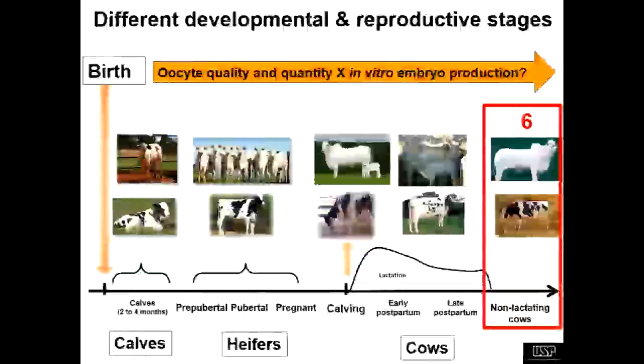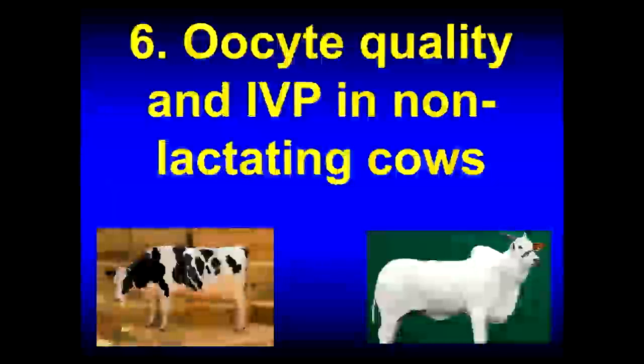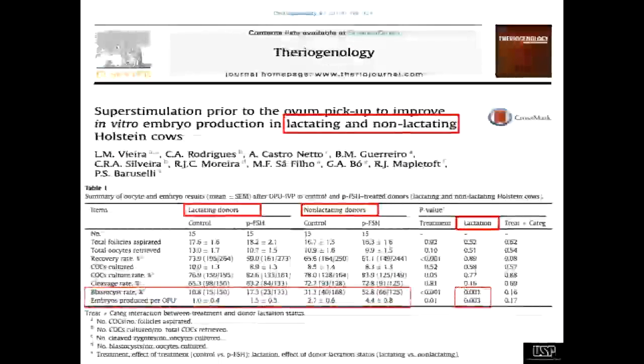Okay? So now I will talk about the non-lactating cow, the data that we have comparing Taurus and Indicus non-lactating cow. This is one of the papers that we published with Ruben. Ruben is here. This is the paper from my PhD student. When we compare the non-lactating and the lactating cow, of course, the lactating cow probably have metabolic problems in this situation, and produce more embryos, a higher blastocyst rate and more embryos compared to non-lactating cow, just to show you the category effect.